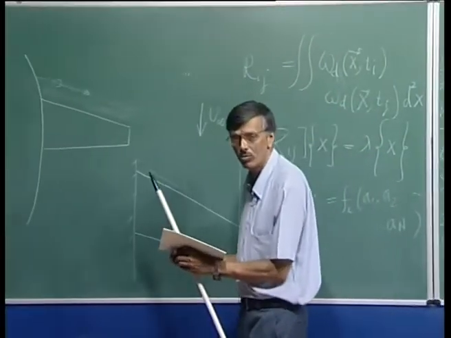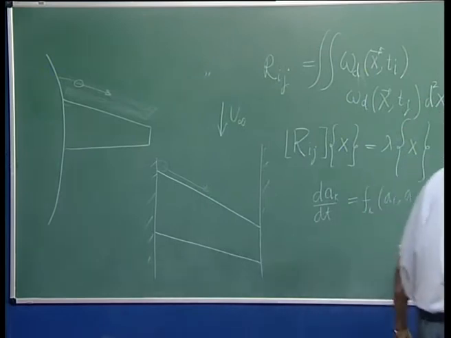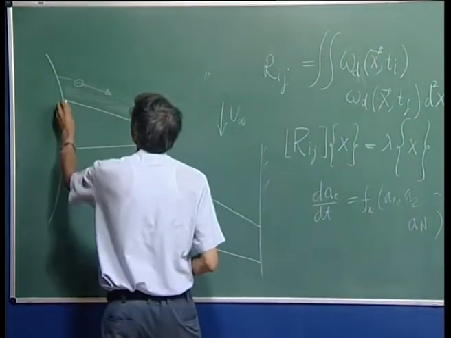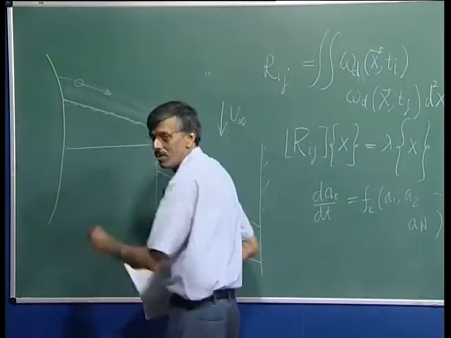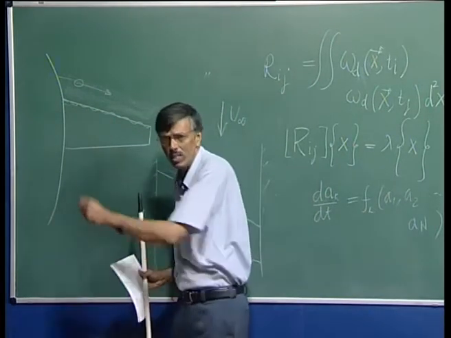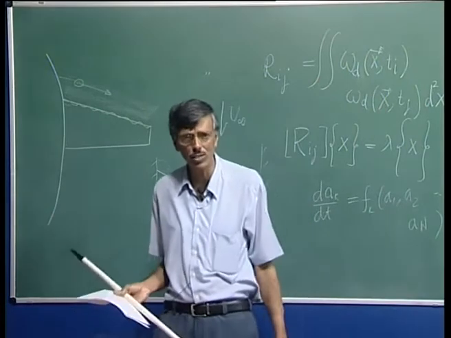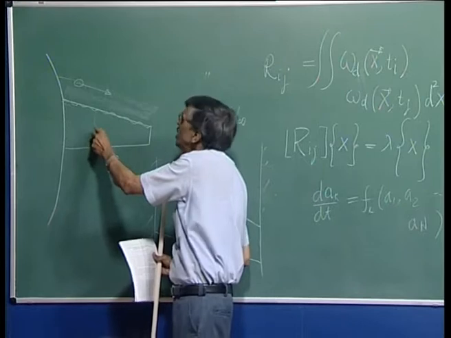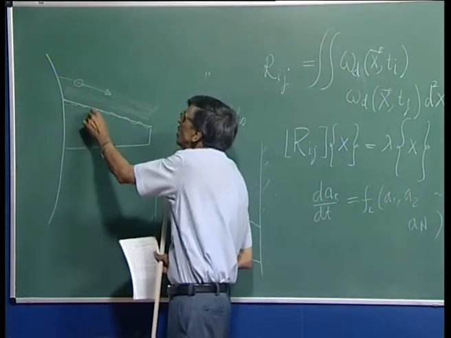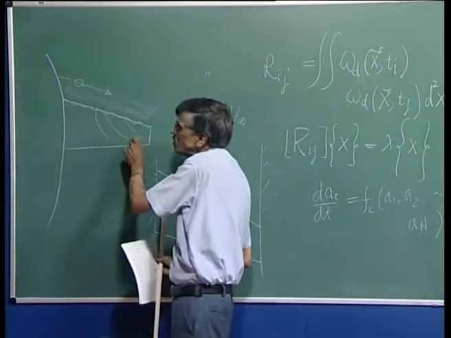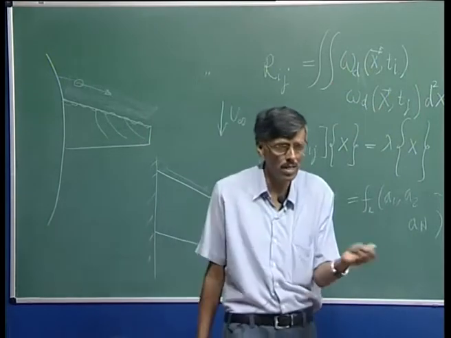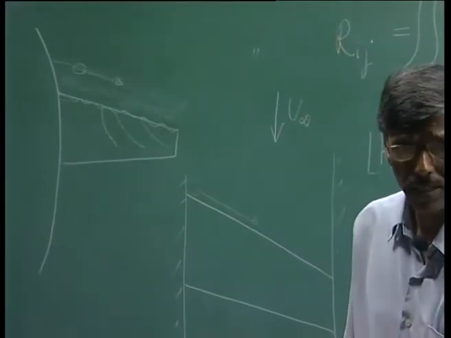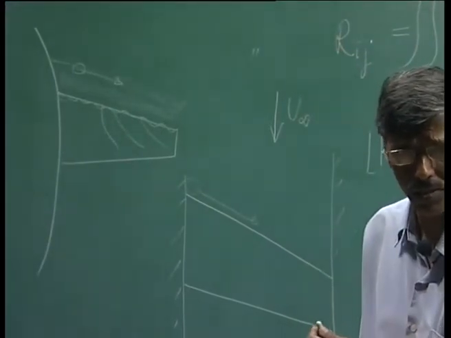So, you see, it could so happen that I could have some kind of turbulence set in right here at the leading edge, but that need not go down. That is the second issue. Even if the flow becomes turbulent as it goes along, because it is a sweep back wing, the streamlines could go like this, and because of the various prevalence of favorable and adverse pressure gradient, the flow may not be turbulent itself.